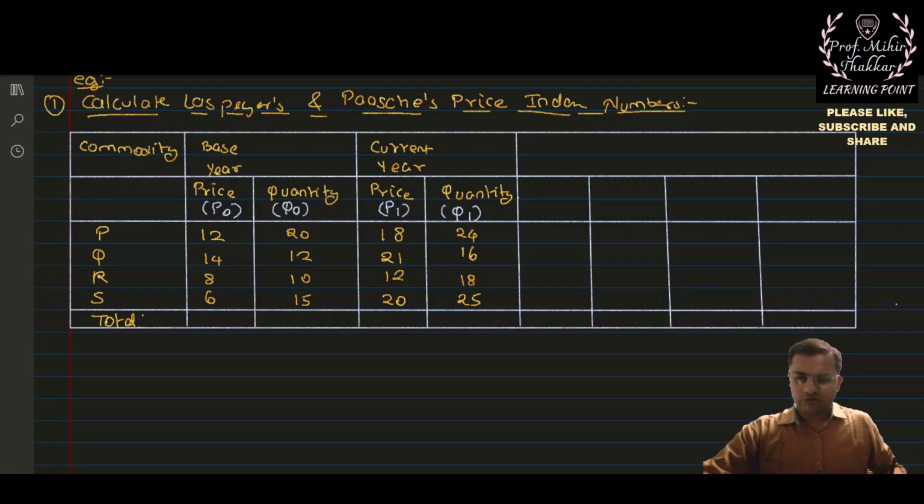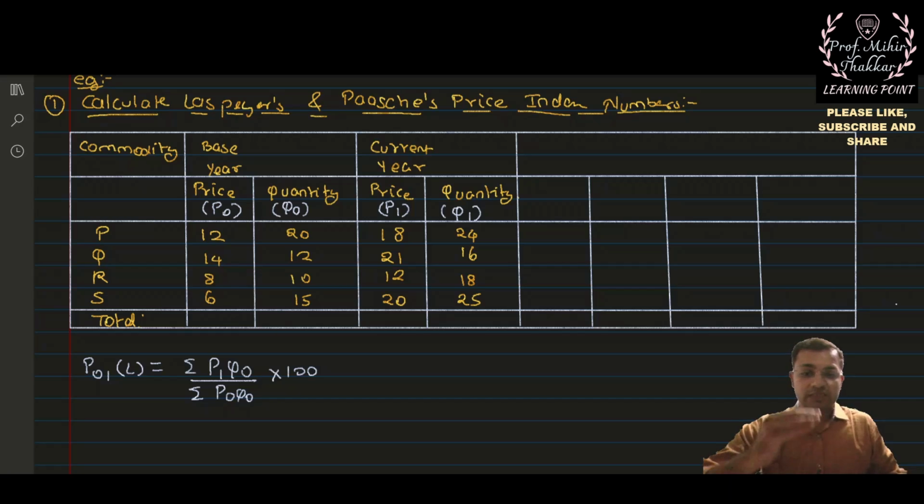So my friends, I have to find out the value of the Laspeyer's price index number. So I will write over here P01L, which is equal to summation of P1 into Q0 divided by summation of P0 into Q0 into 100. Because Laspeyer was the person who considered the base year's quantities as weights. So if I consider the base year quantities as weights, it means that I have to replace the W in the original formula with Q0.